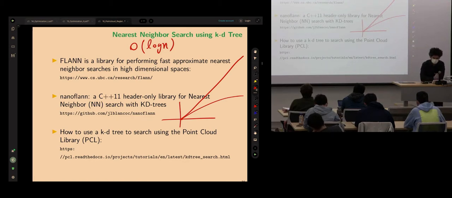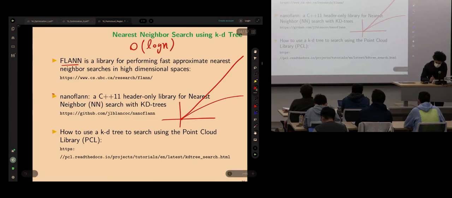So the library for that is called FLANN. This is one of the common libraries. It has a very efficient implementation for fast approximate nearest neighbors. It's not exact, it's approximation, but it works very well in practice. A nice header-only library in C++ is nanoflann, that you can get from the GitHub page of Professor Blanco.